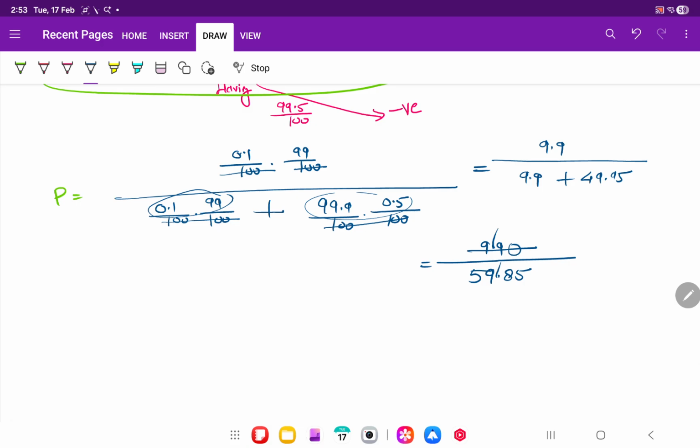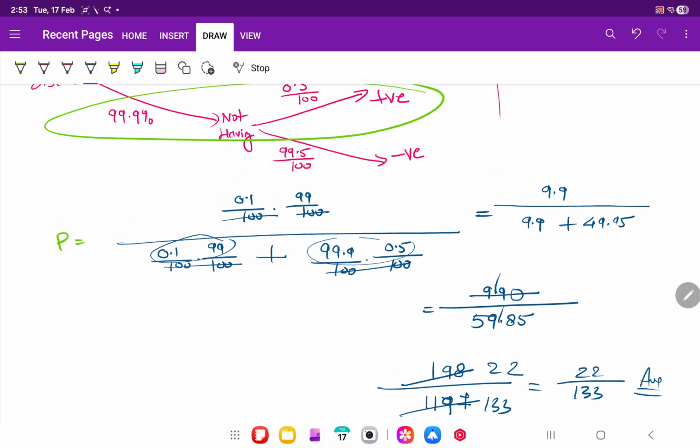If you cut it, you will get 198 by 1197. Cut it by 9 to get 22 by 133. So the answer is 22 by 133. This is the final answer.